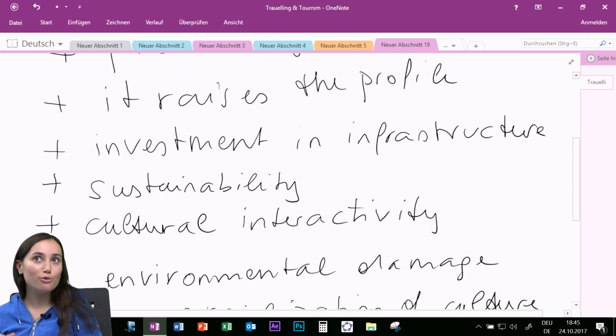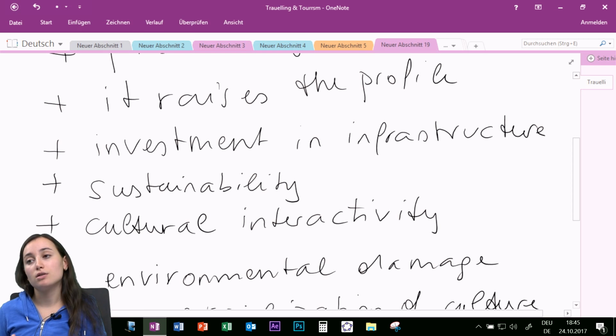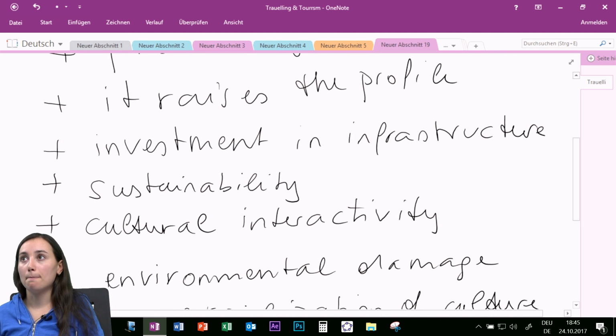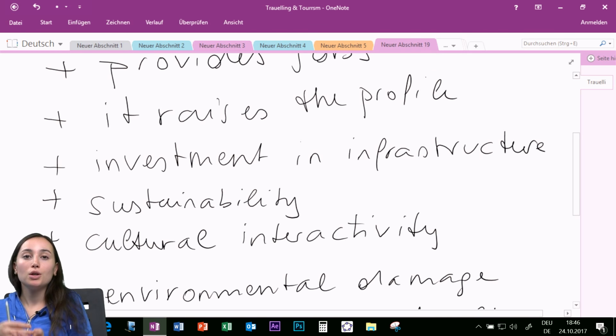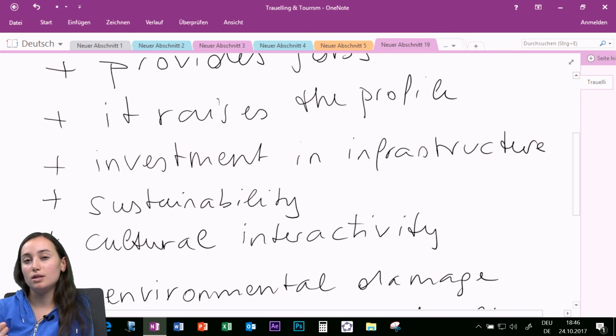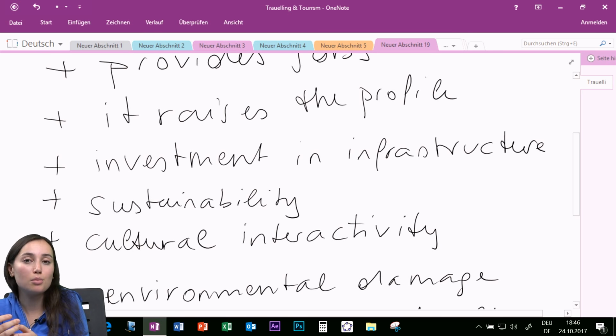For instance, there's a lot more pollution, lots more noise pollution, for example, and in your presentation or in your exam, you can then get more into detail. You can give more examples.